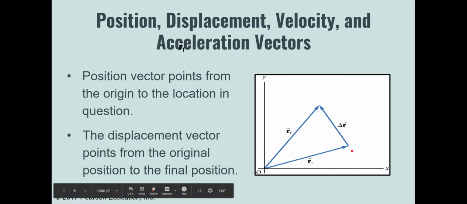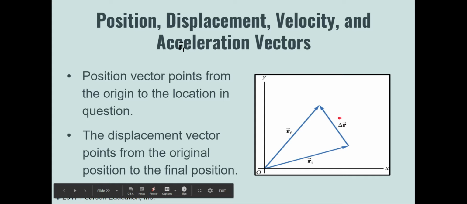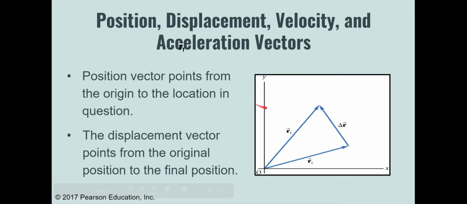Okay, so a position vector, and this is going to be very useful. The first thing I want to point out is that a position vector is going to be denoted with an R, not with an X like we were using previously. So when we're talking about vectors, the R represents position.